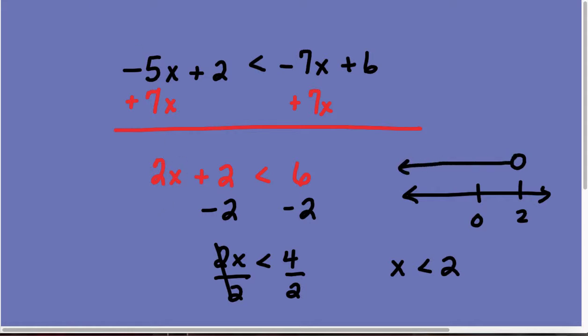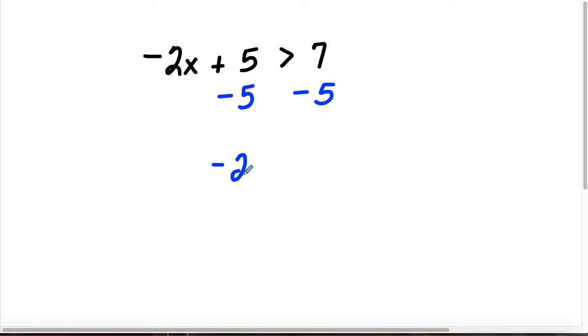One big way this is different than an equation is when you have a negative that you're dividing or multiplying by. So let's pretend for a second I give you this equation. -2x plus 5 is greater than, we'll say 7. All right, so I solve and I isolate the variable just like I would in an equation. And I get -2x is greater than 2.